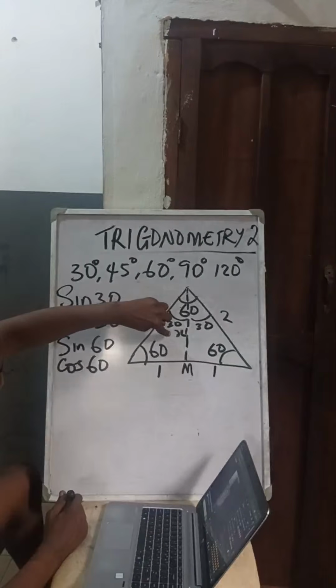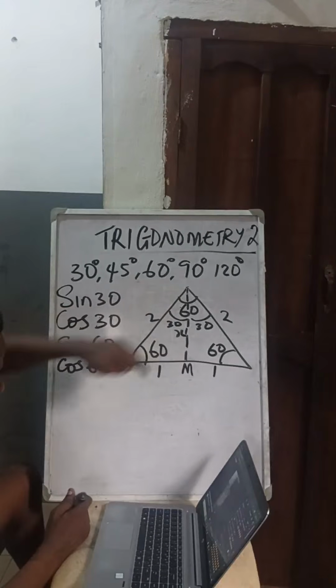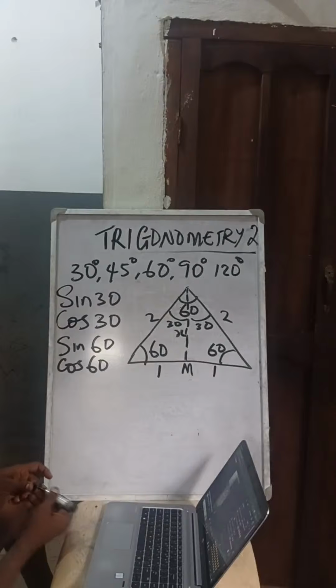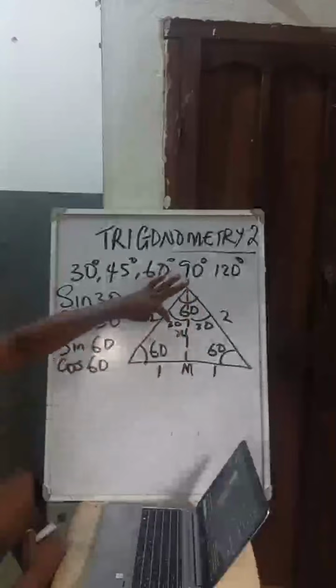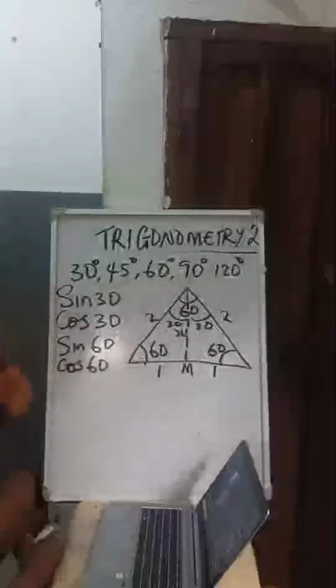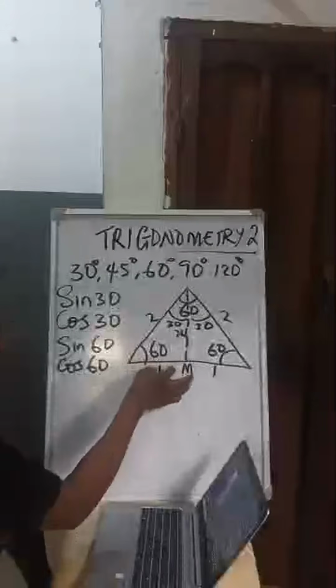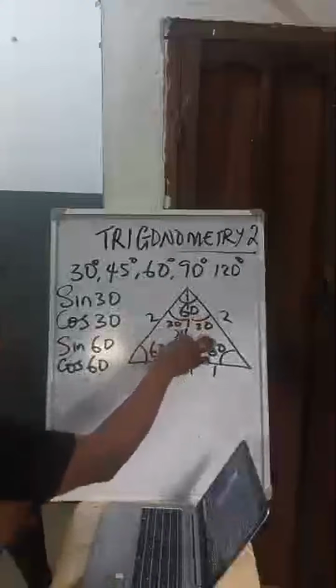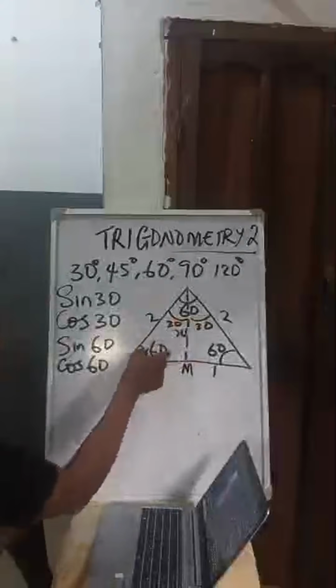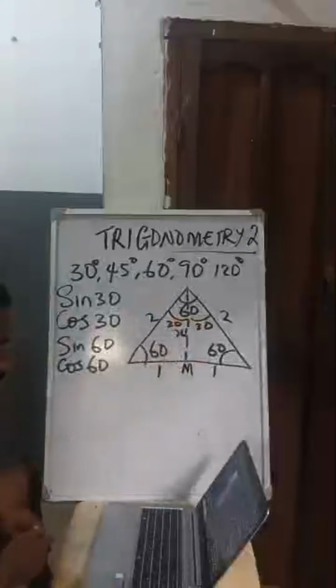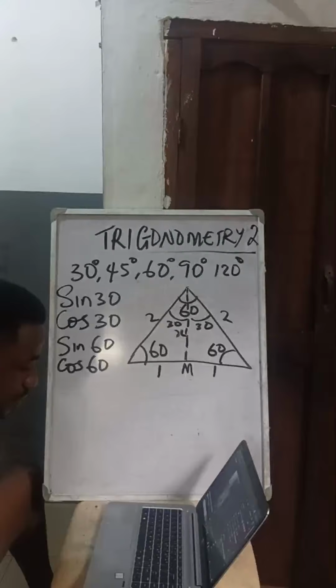So whatever that is adjacent, 60, but adjacent, 30. If this is opposite, 1 is opposite to 30, this side is adjacent to 30. If x is opposite to 60, 1 is adjacent to 60. Take note of it.